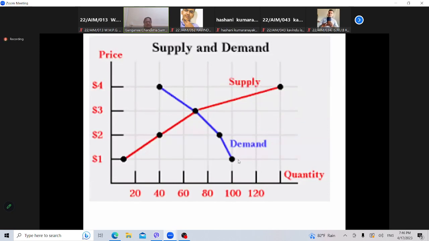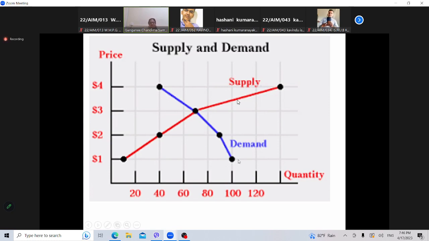Okay, so here this is briefly the way of drawing the demand curve. I'll explain with the law of demand and law of supply how to derive these two lines. Before that, just to take an idea, the supply is increasing with the price. When price is increasing, supply is increasing.